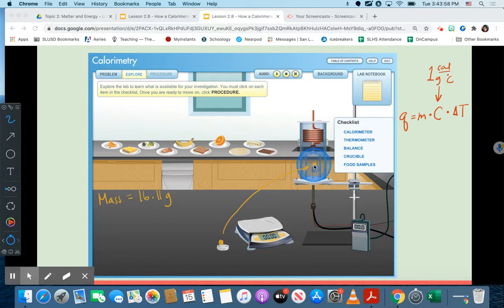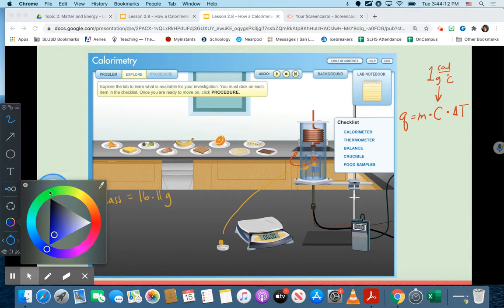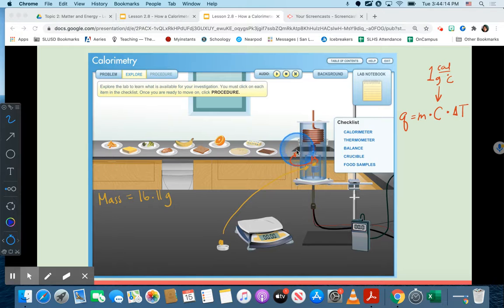And the reason why water is in here is because when you burn this and it gets super hot, all of the heat energy will go into the water. So let's say we already know the number of calories in the butter. Let's say our butter weighs this much and it has 10 calories. If our butter has 10 calories, all of that energy is going to go into the water and heat up the water.